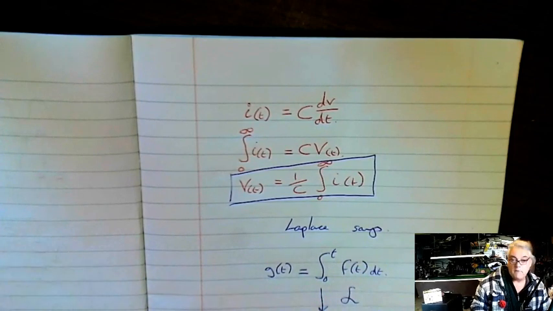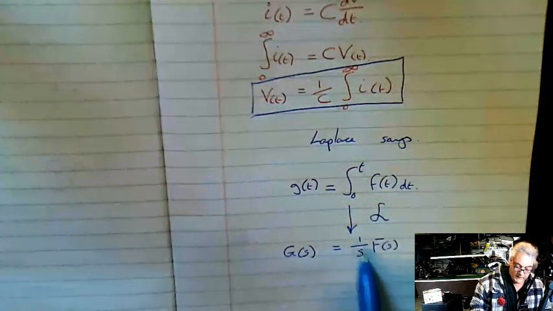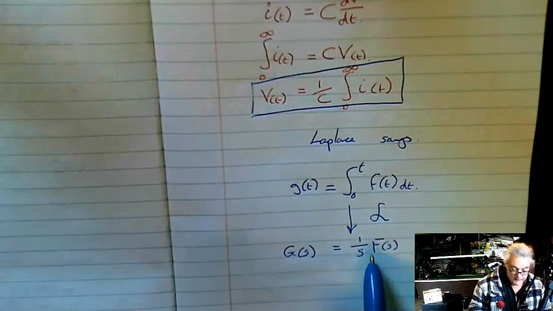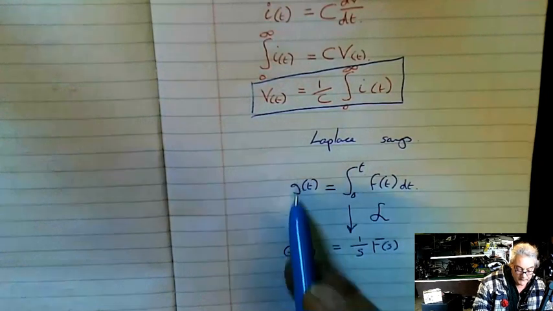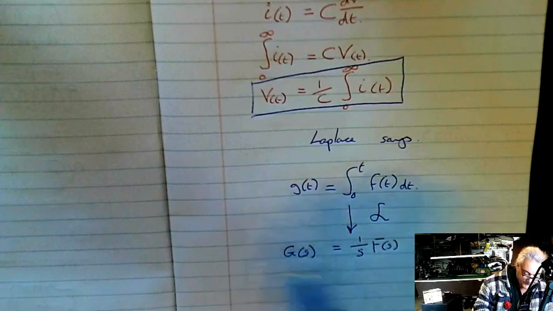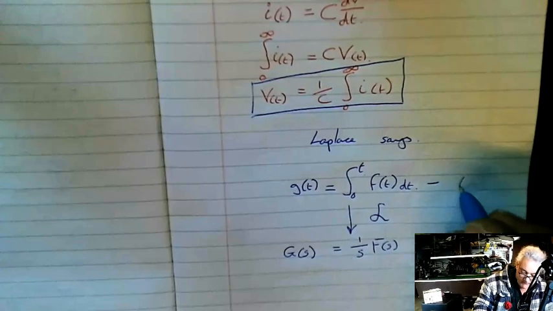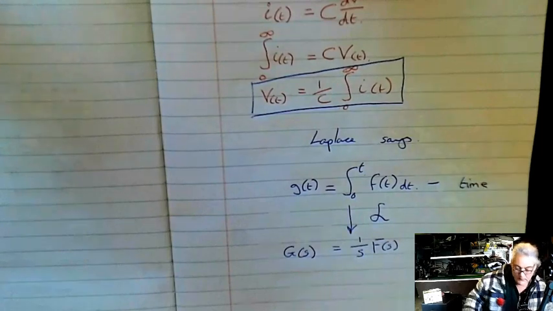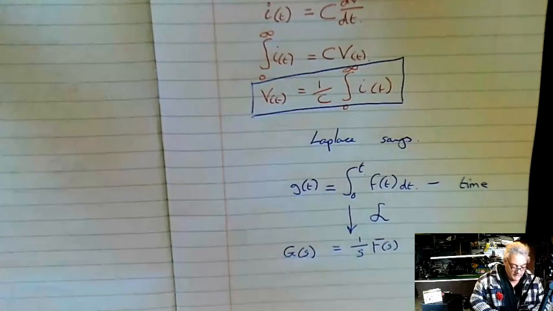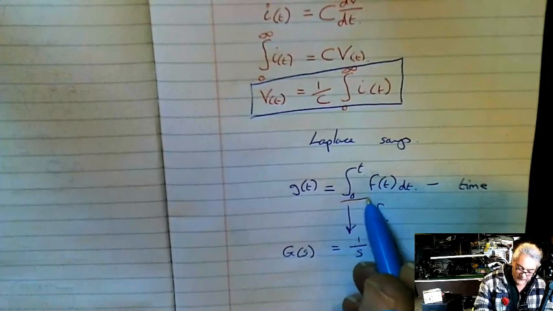The 1 upon s is the factor which has come from the Laplace transform itself, and all this capital G and lower g is saying is that this is in the frequency domain, and this is in the time domain. Okay, so that's what Laplace tells us that we can do with a formula which has this kind of function.